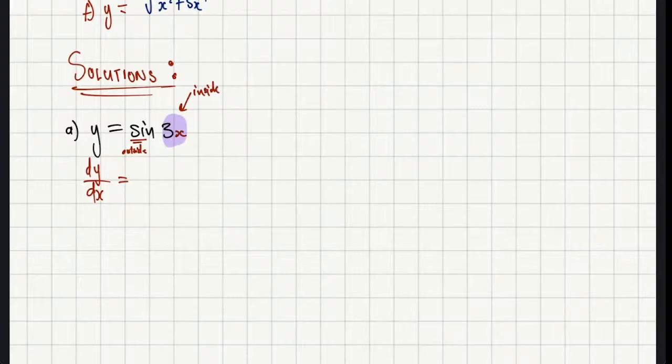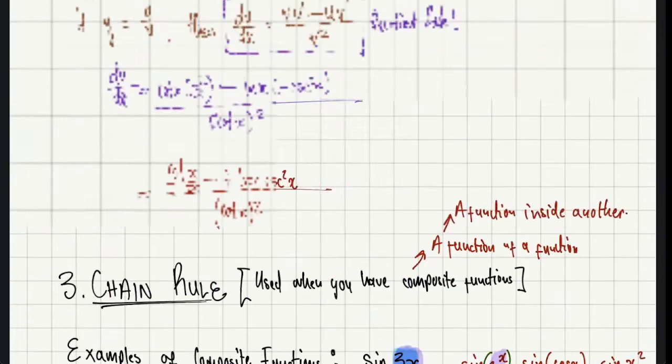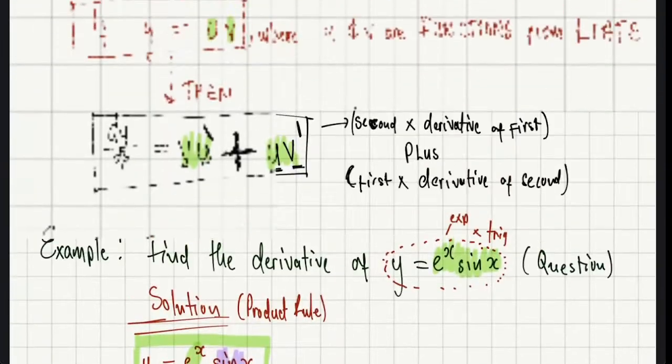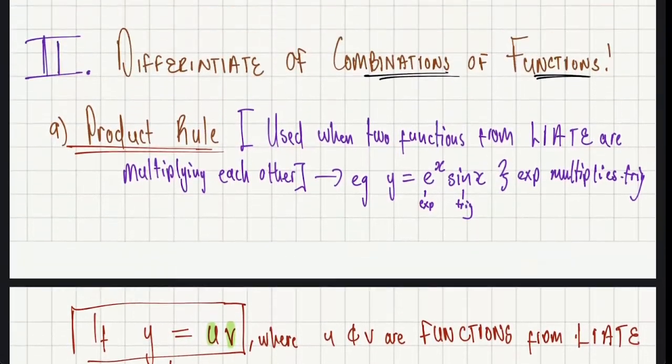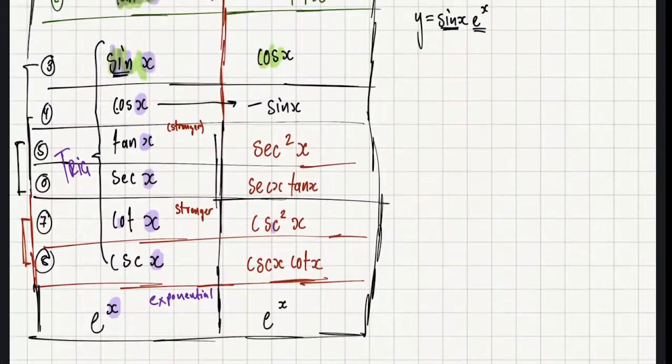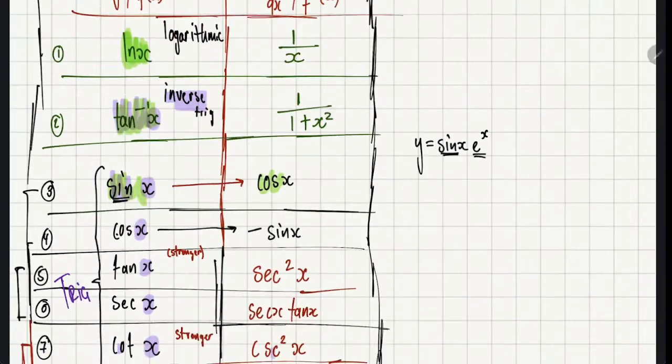Don't change the inside, please. So let's differentiate the outside. What's the outside? It's sine. How do you differentiate sine according to the table? The table tells you the derivative of sine is cos. So if I'm differentiating sine, I'll get cos.